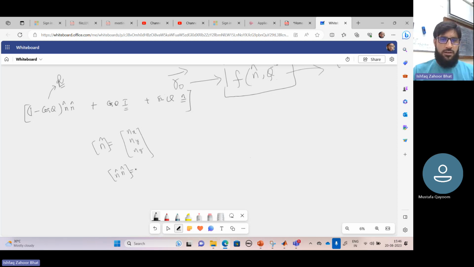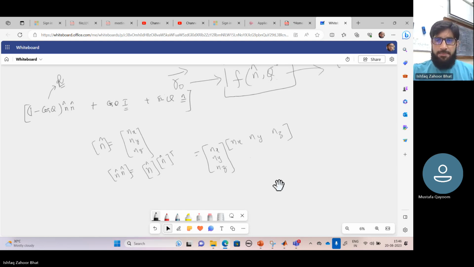There is a difference. So I can write it as n and n transpose, which is nothing but nx, ny, and nz times nx, ny, and nz. So this is the outer product of n and n.